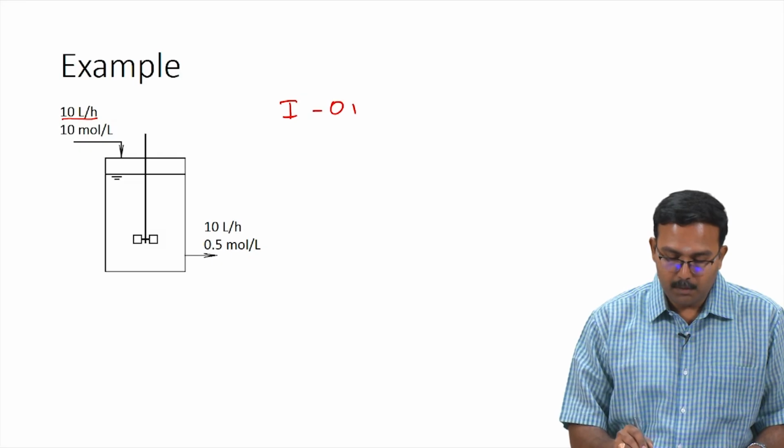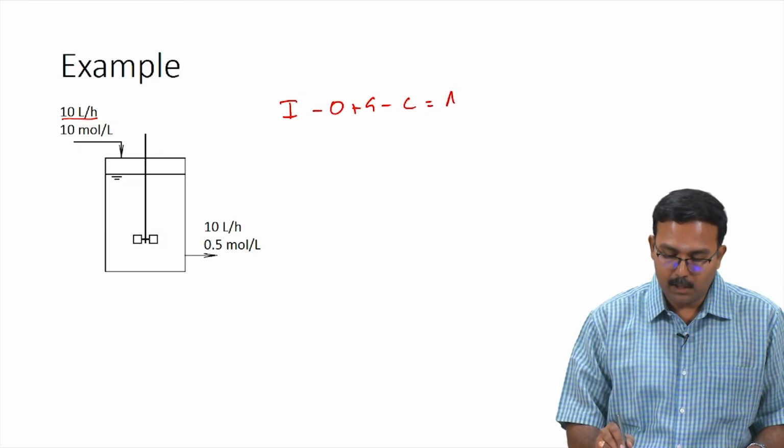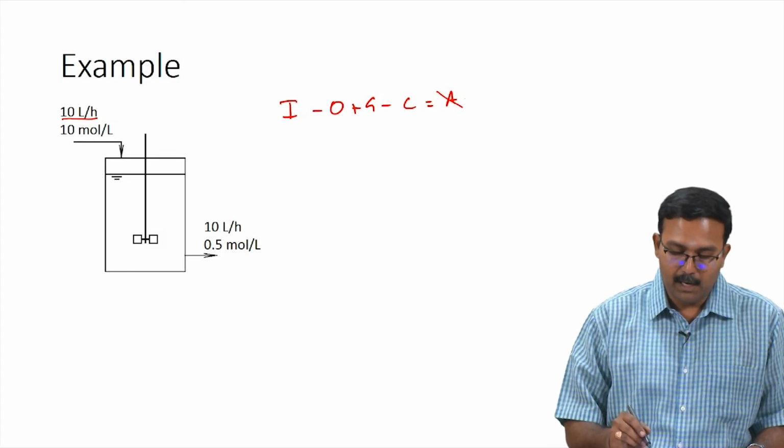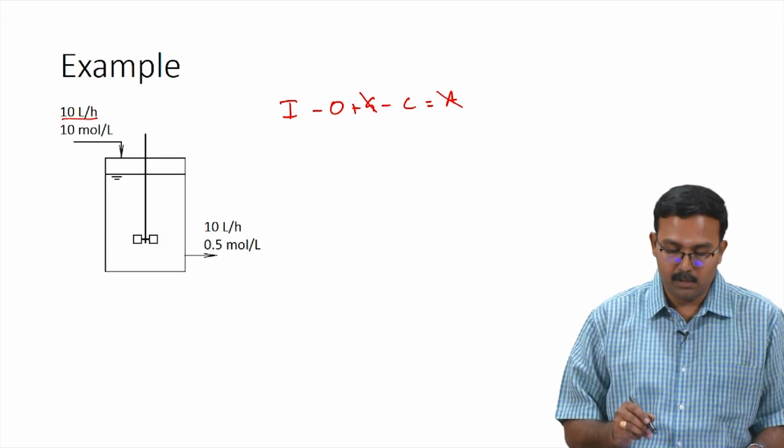With that we can write material balances, which would be input minus output plus generation minus consumption equals accumulation. At steady state there is no accumulation, and as we are writing a balance for the substrate, the generation would also be 0.